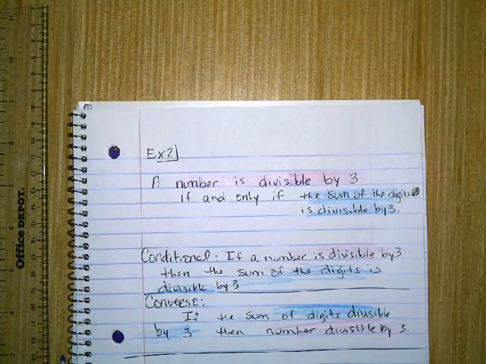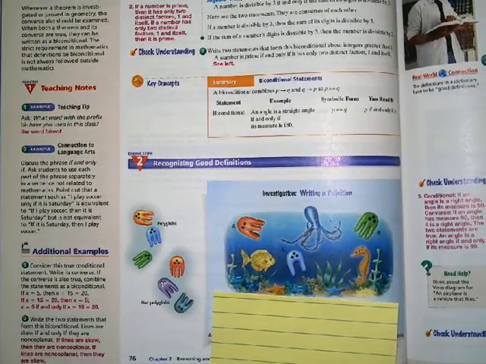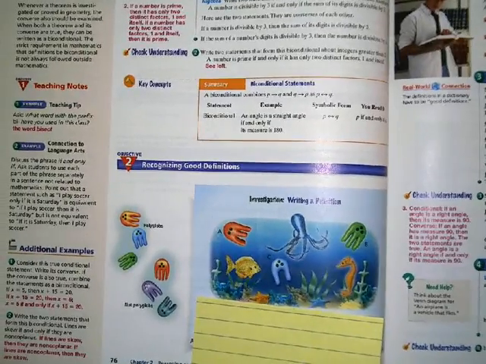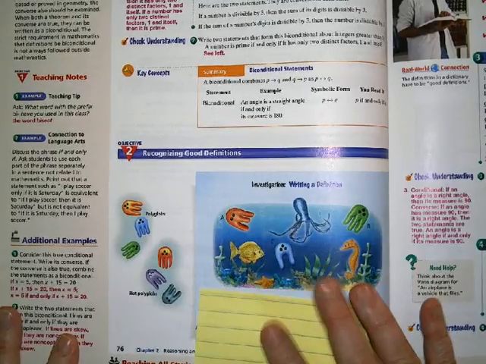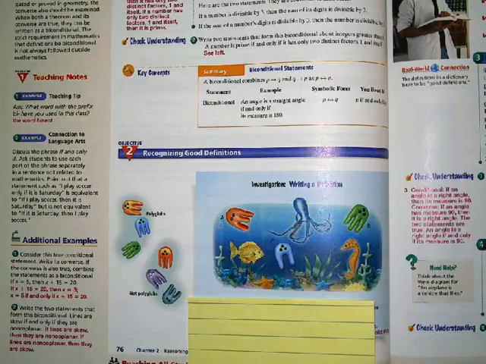I want you to look with me at the bottom of the page, page 76. Your job is the bottom of 76. Your job is to write a definition for a polyglob.